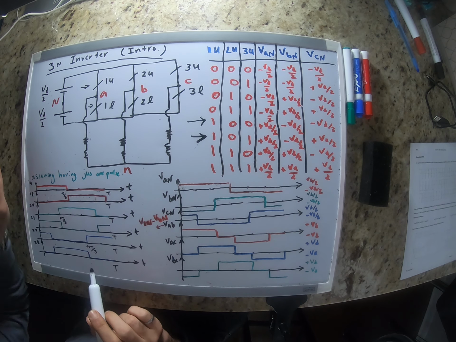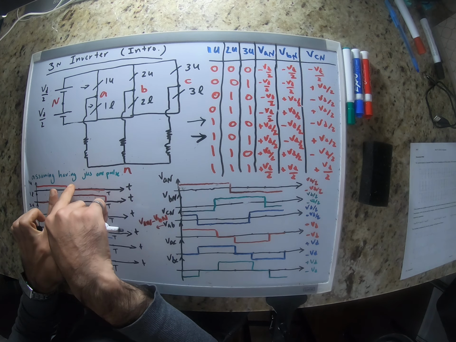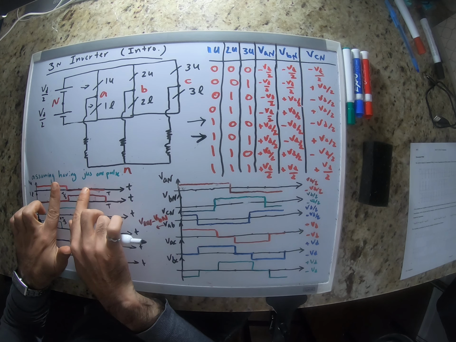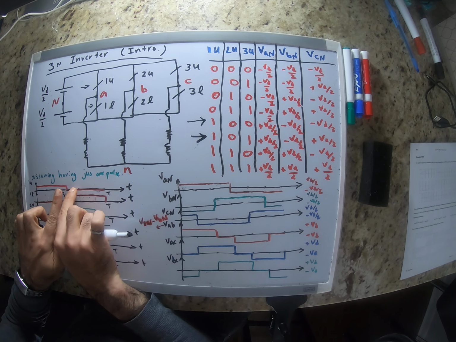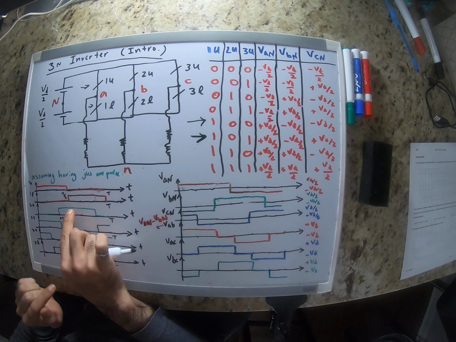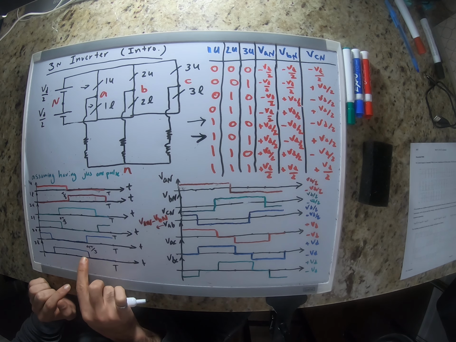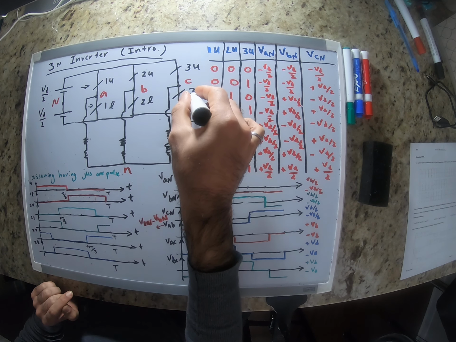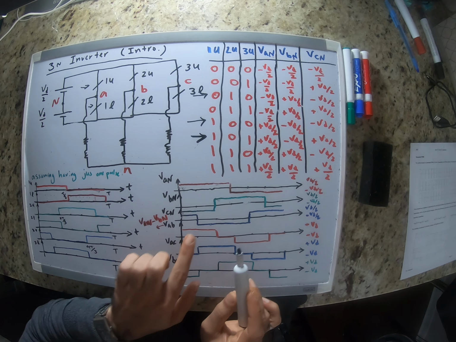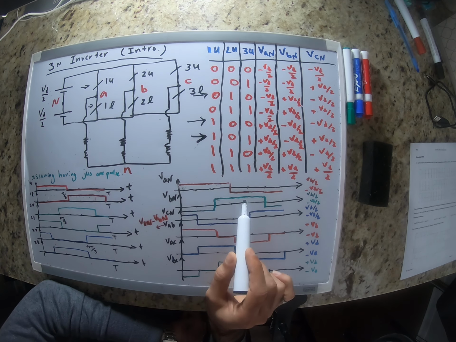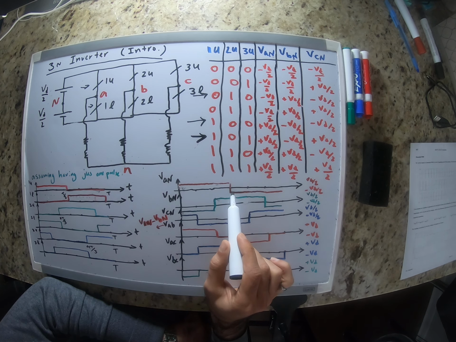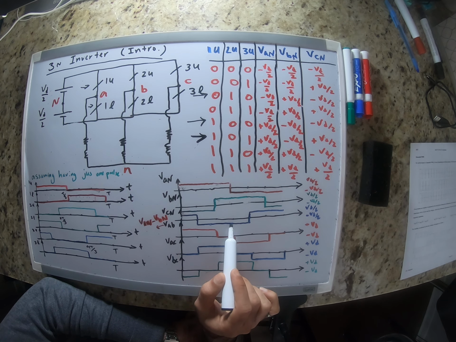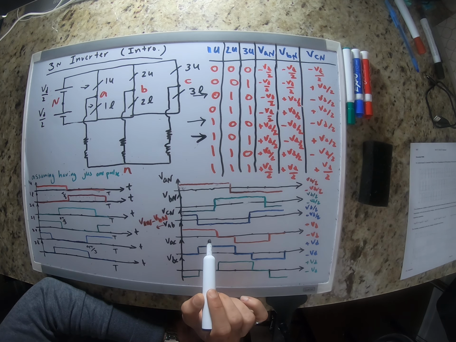So again, let me look at the fourth sub period. 1U is off, so this is 0, 2U is on, this is 1, and 3U is also 0, so it would be 0, 1, 0. So we are here, and if I look at this period, I draw this because this is 0, it's going to be negative VD over 2, this is 1, it's going to be positive, this is 0, it's going to be negative, right?